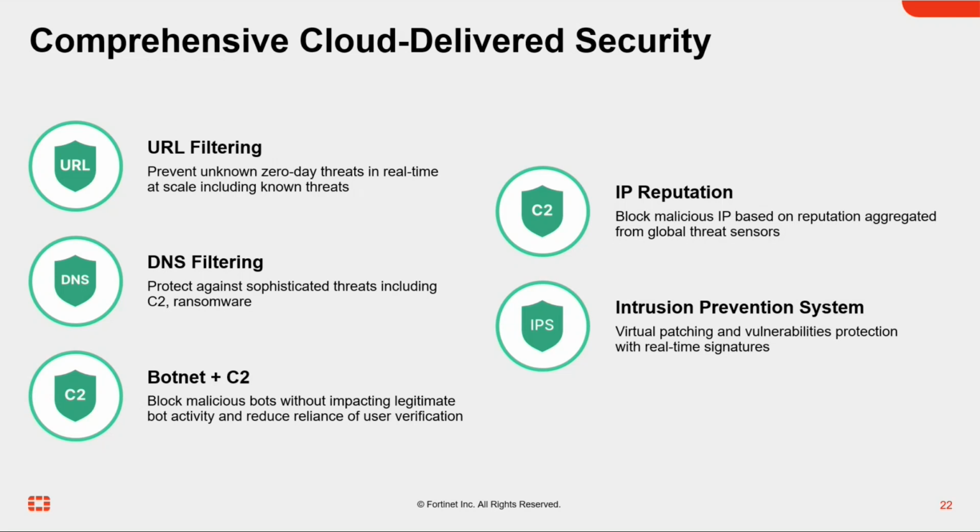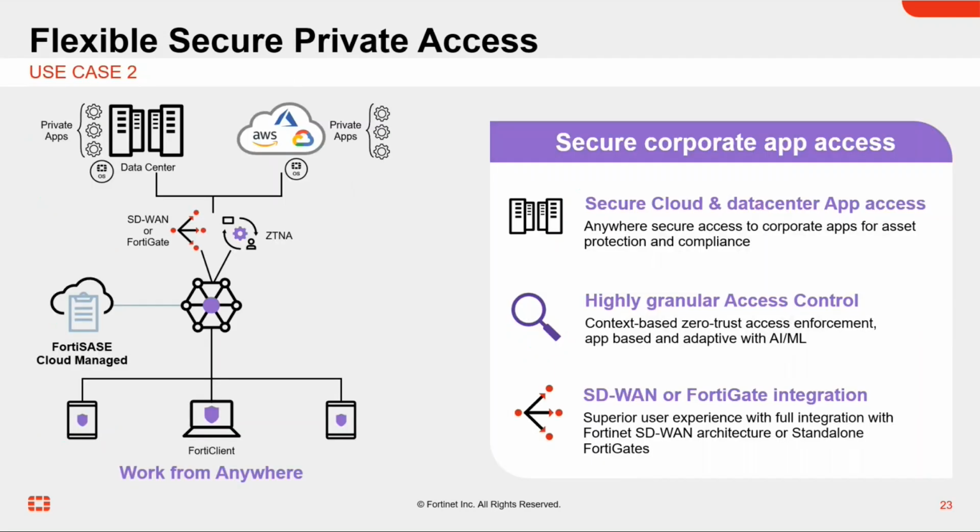DNS filtering, so potentially things like domain name generation when used in attacks or C2C, so command and control connectivity, blocking access to that, both from a botnet perspective, IP reputation, so the reputation of websites based on their IP address, and then also finally from an IPS perspective, so any sort of threats that may be, let's say, born within the network, protecting against those threats as well from a SASE solution perspective.